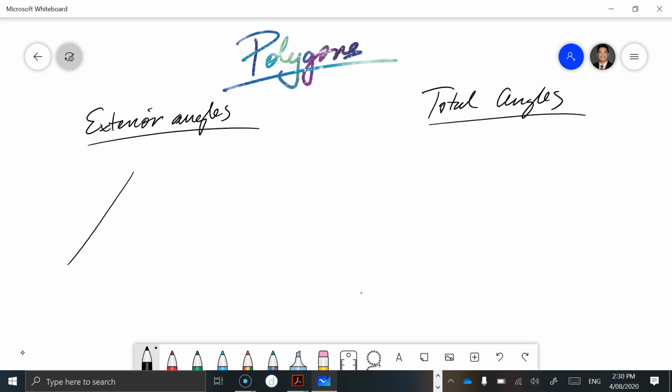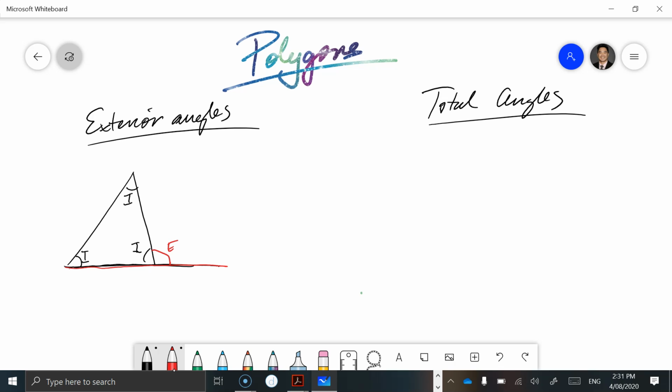Basically, it doesn't really matter what shape we're dealing with. We have interior angles, and I'm just going to call them I for interior because they're on the inside. If you extend one of these lines out, then all of a sudden you have that angle, which is what you call your exterior.